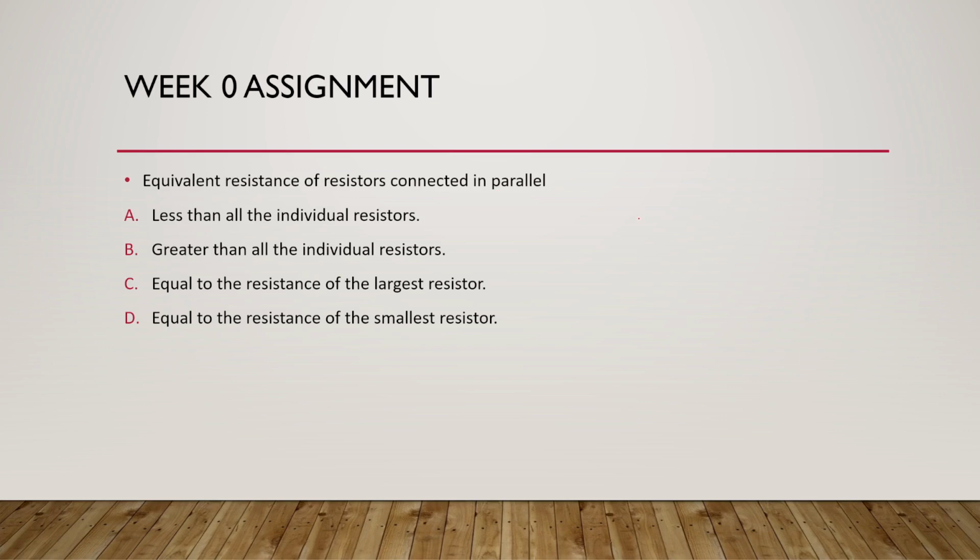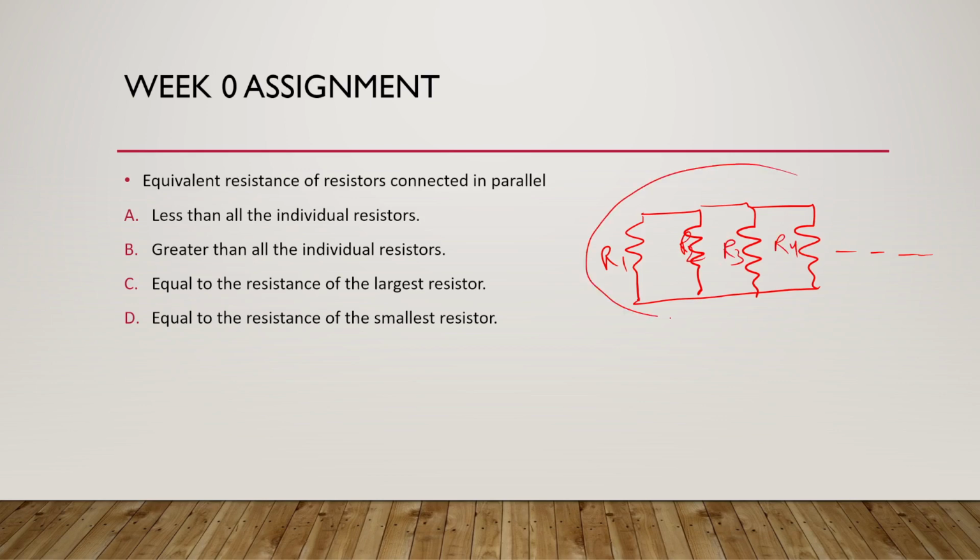You must have also studied that when many resistors are connected in parallel, so this is one resistor, this is another resistor, this is another resistor, and so on, the equivalent resistance of all these resistances, that is R equivalent, is a simple resistance which is given by R1 parallel R2 parallel R3 and so on.